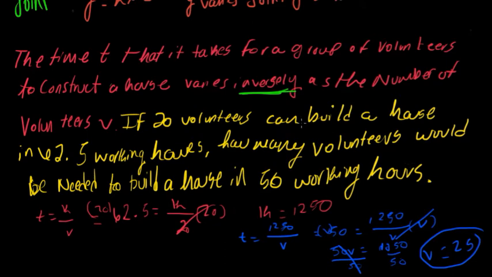So what this says is that we need 25 volunteers in order to build a house in 50 working hours. Okay? Go ahead and take a second to write that down. Pause the video, because this is called method 1. Next, I'm going to show you method 2 of solving this.